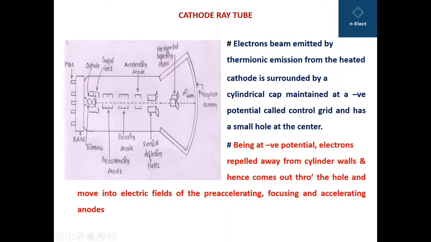Being at negative potential, electrons are repelled away from the cylinder walls and hence come out through this hole and move into the electric fields of the pre-accelerating, focusing, and accelerating anodes.